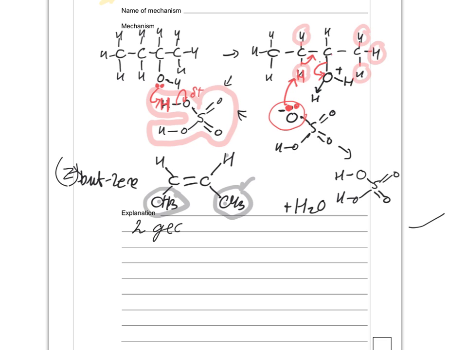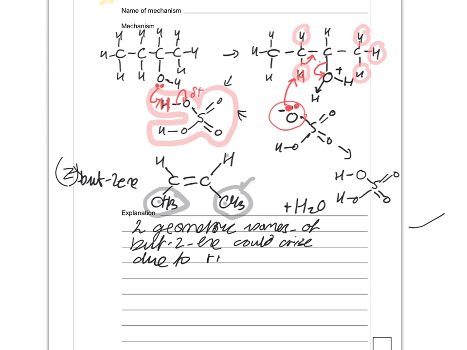Two geometric isomers of butene could arise due to, and remember this for geometric isomers, restriction of rotation about a bond, the double bond.